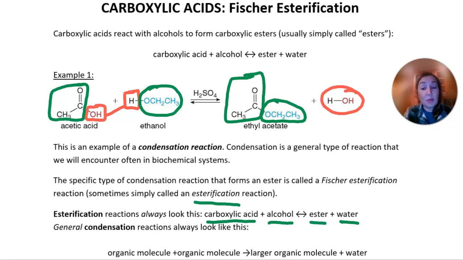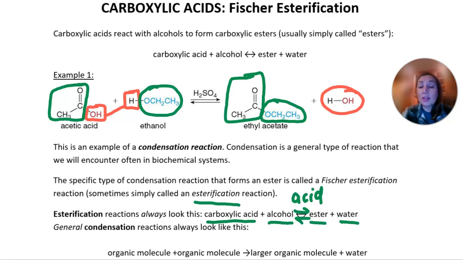And it does have an equilibrium arrow because the reaction is reversible. And it should have an acid catalyst over the arrow, usually like an H+ or an H3O+, or it might be H2SO4, showing you it usually is done with a concentrated sulfuric acid.